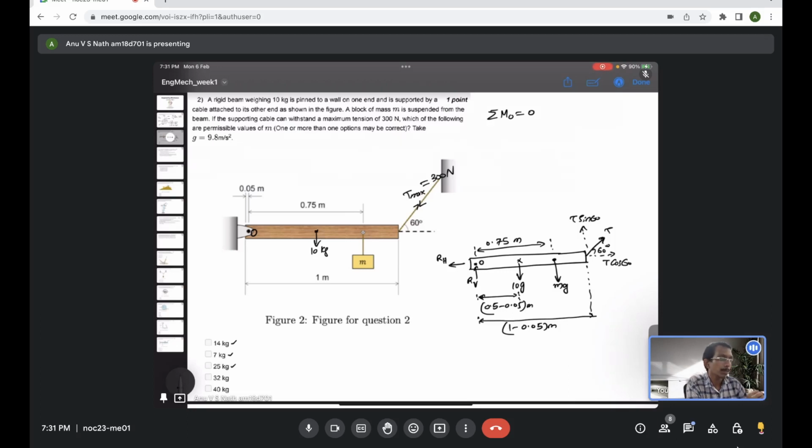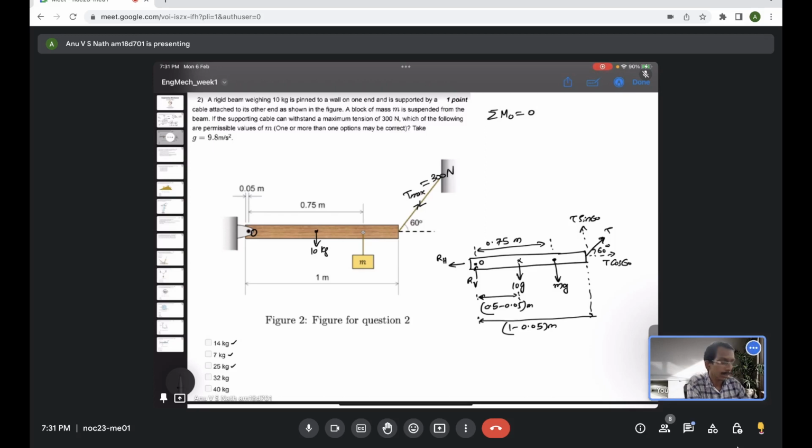If you choose the hinge point, the good thing is that the support reactions will not cause moment about that point, so the other forces are enough to evaluate the moment. That's what we are going to do now.